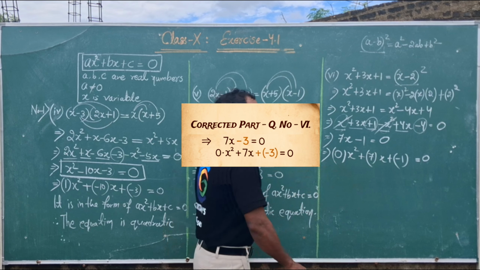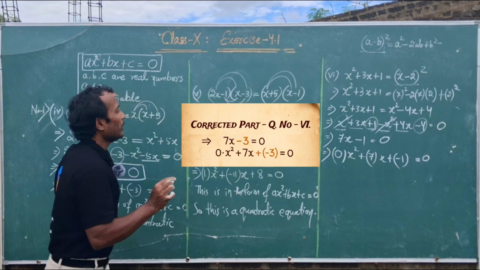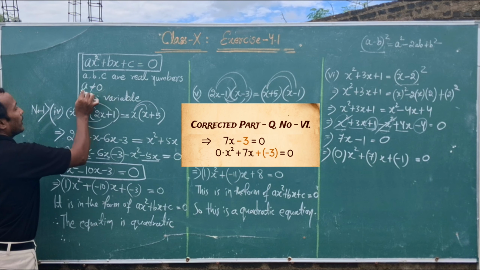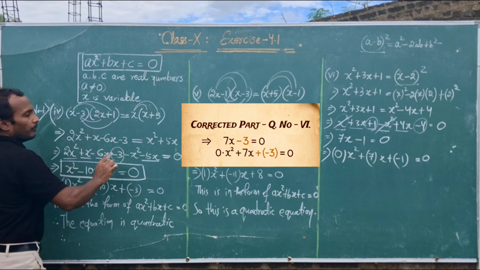Clear? So this is going against our conditions. Our condition was a is not equal to 0, but here a is equal to 0.